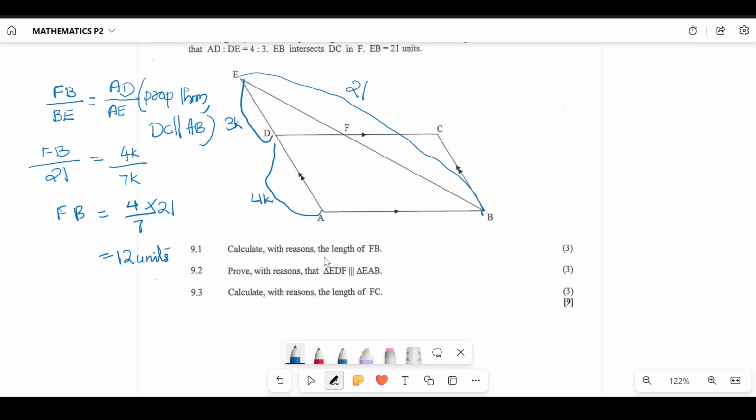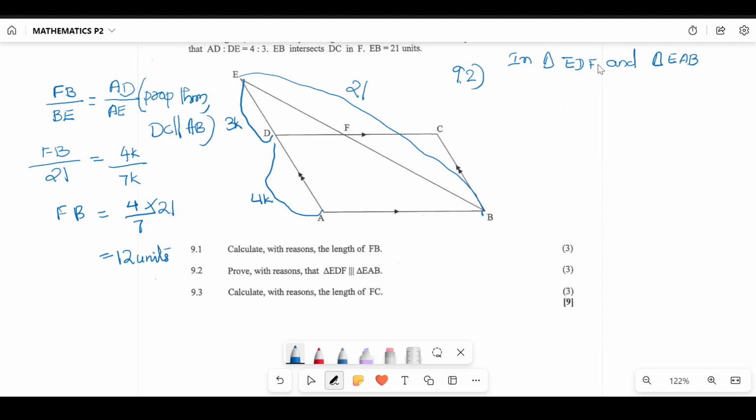Now prove with reasons that triangle EDF is similar to triangle EAB. So for 9.2, you can take in triangle EDF and triangle EAB.